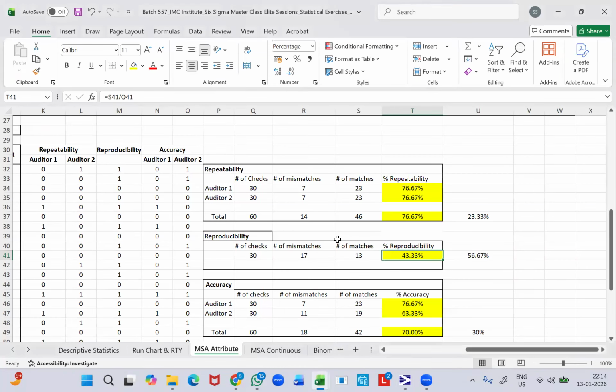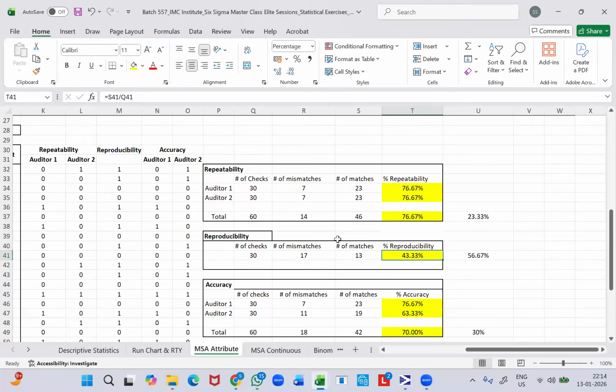Fine. So even the kappa value, if you look at, we don't see the kappa value to be greater than 0.75, except for the accuracy percentage for auditor 1. Rest of the metrics, the kappa value seems to be less than the criteria limit of 0.75.